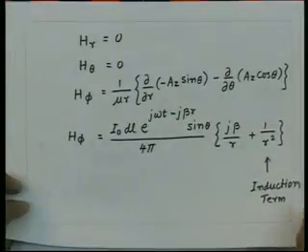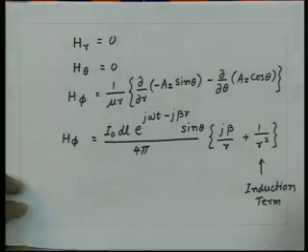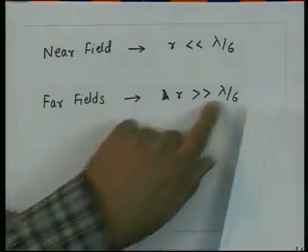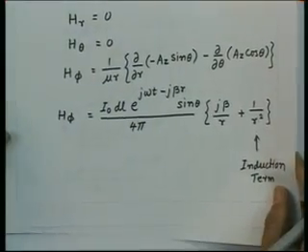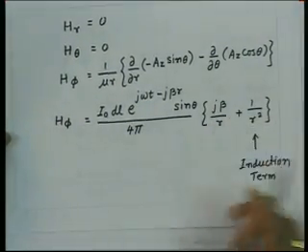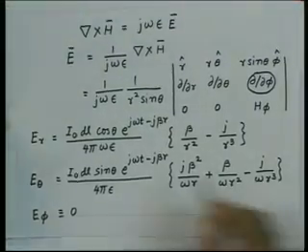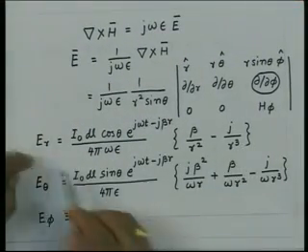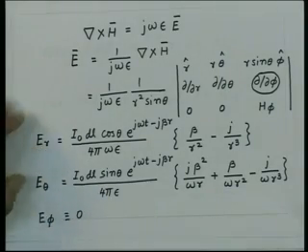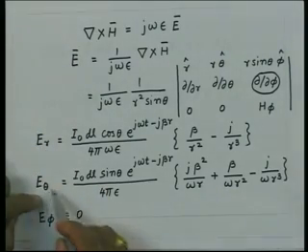But if I go to the far field zone, where r is much greater than lambda by 6, then these fields are negligibly small. So, I will get only the radiation field. There is no radiation field component corresponding to E r, so this will be negligibly small and taken as 0, and we will have an E theta component.